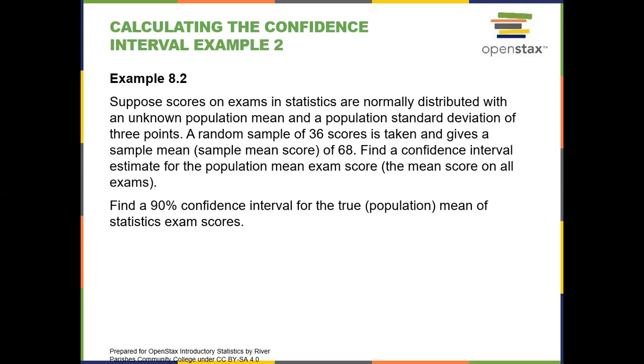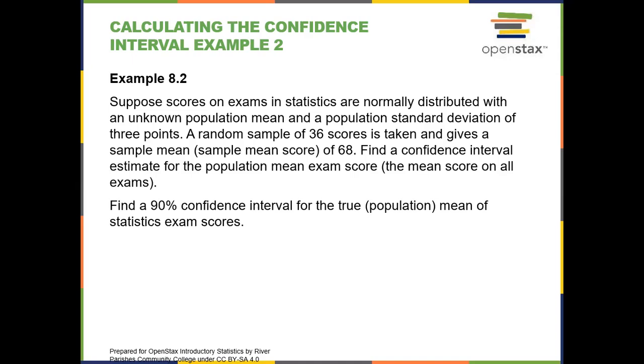The mean score for the sample of 36 is 68. And the sample size is 36. And your C level, confidence level, is 0.9 for 90%, and we will calculate.